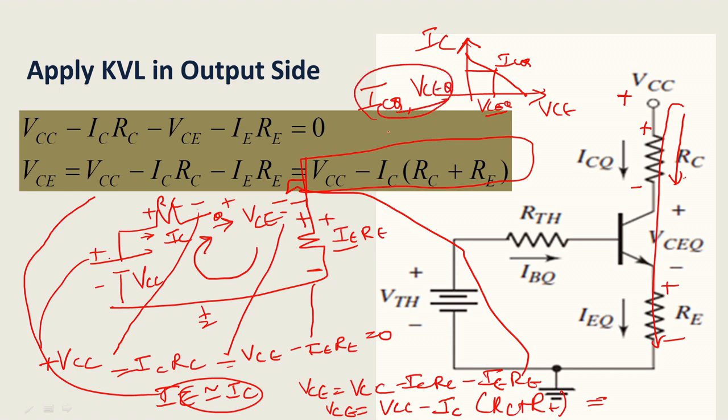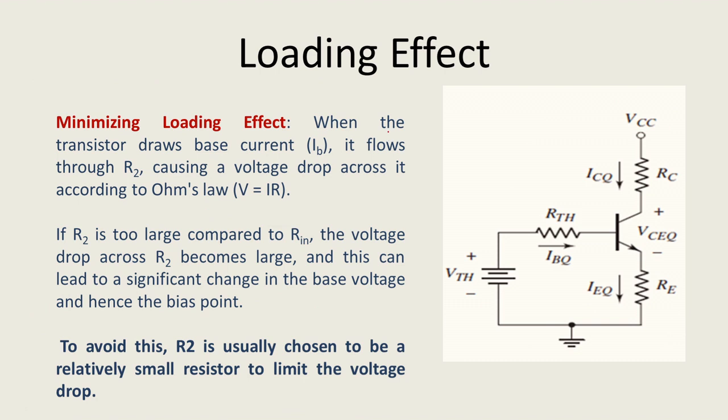Now another thing, the loading effect. What is a loading effect? Loading effect generally reduces the voltage level of the voltage source. See, suppose I am giving 5 volts as an AC source.